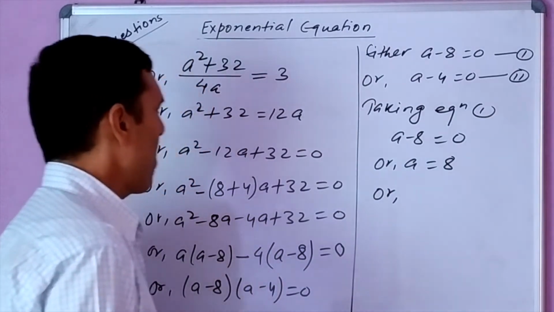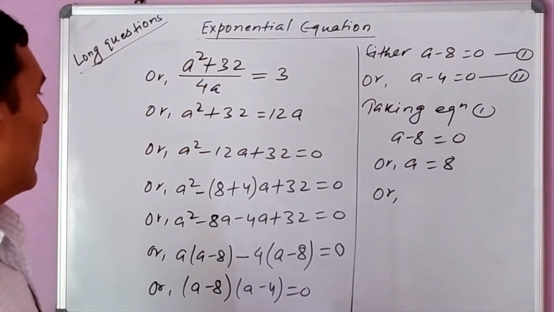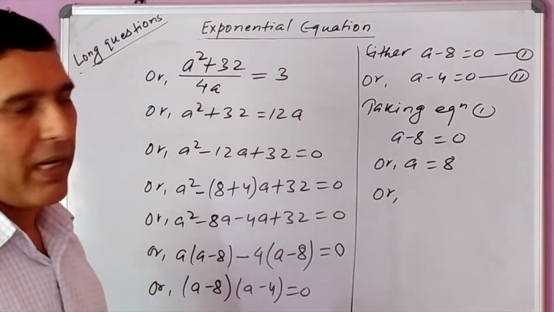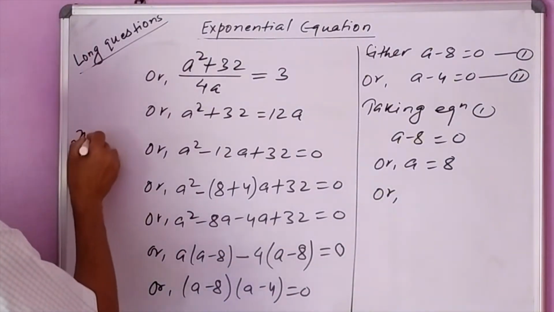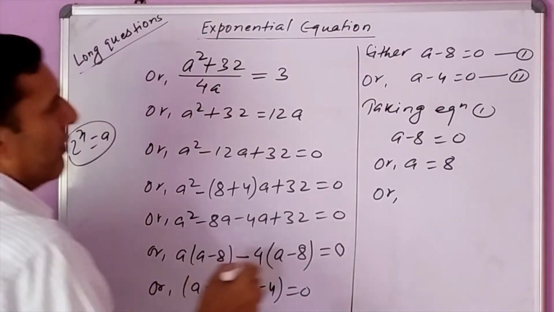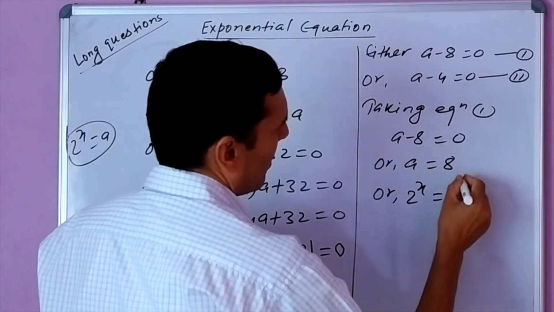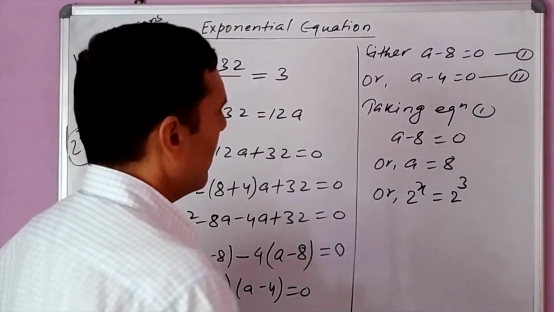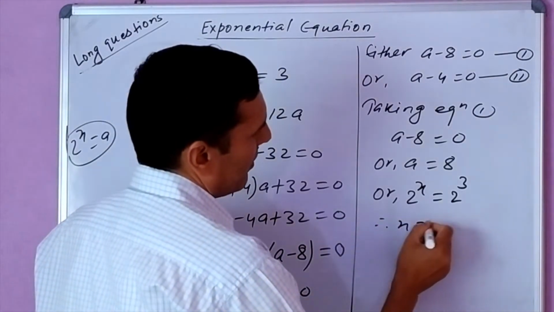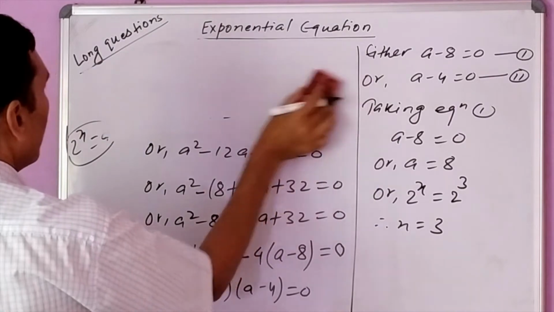What is a? a is 2 to the power x. We have supposed this a for 2 to the power x. So a can be replaced by 2 to the power x is equal to 8, and 8 is 2 to the power 3. Now we have the same base 2 on both sides. Therefore x is equal to 3. So one value of x is 3.